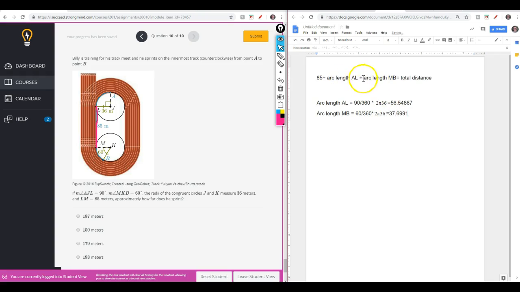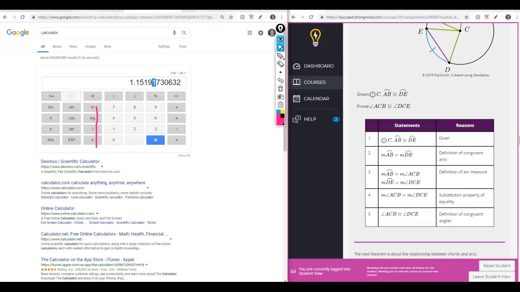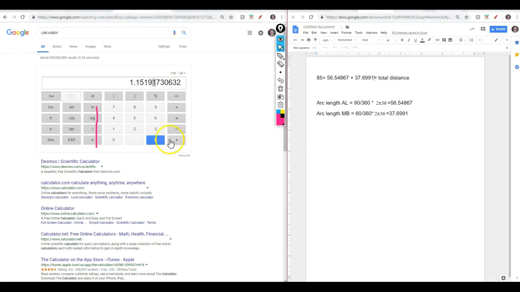So we know now the arc length of AL is 56.54867, and the arc length of MB is 37.6991. That's going to equal our total distance, so I'm going to jump over to a calculator and add them up. This is 85 plus 56.54867 plus 37.6991.